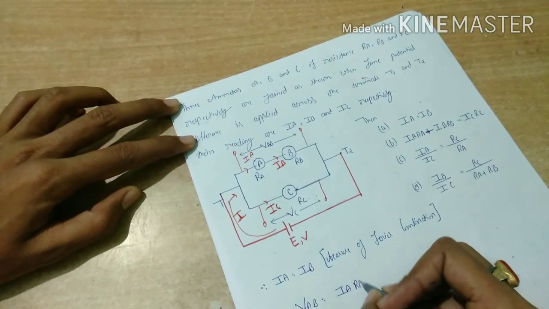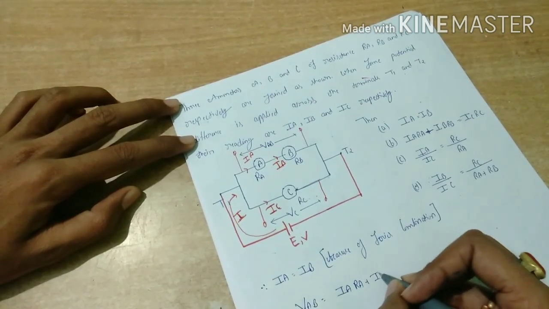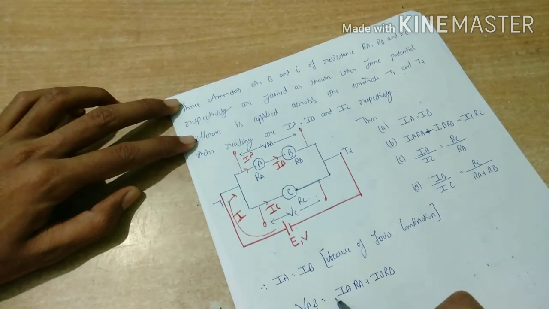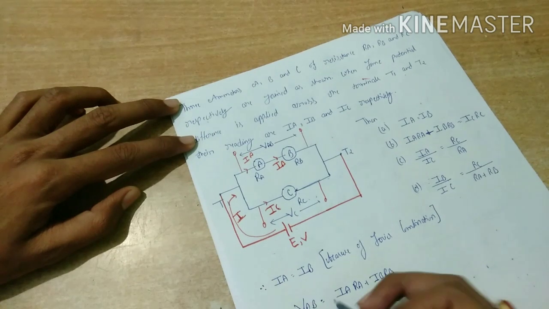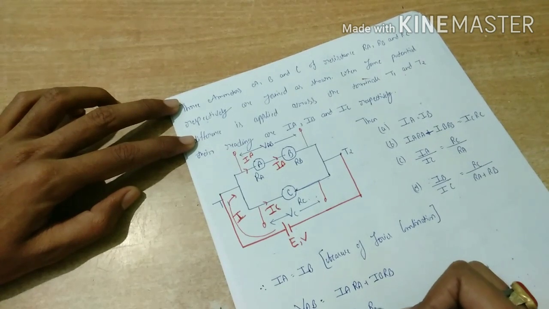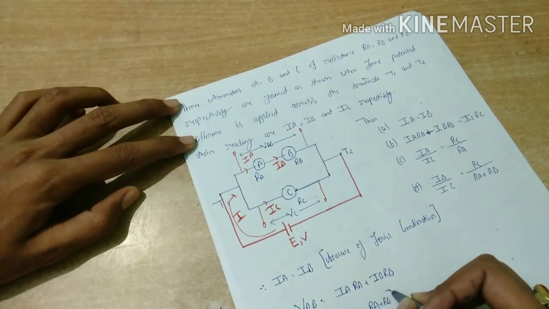So the potential difference across AV is equal to IA RA plus IV RV. Already known, IA is equal to IV. So IA common, RA plus RV.